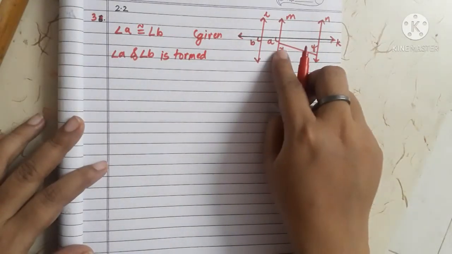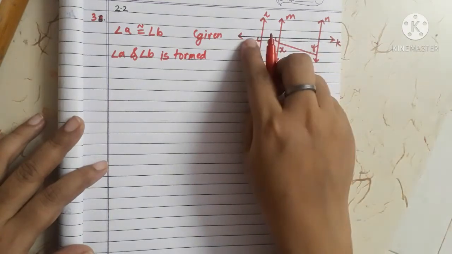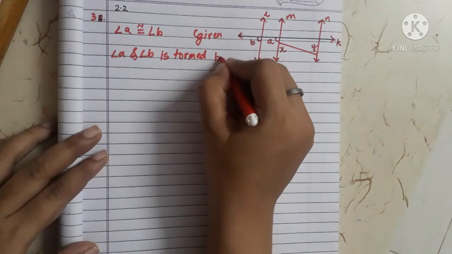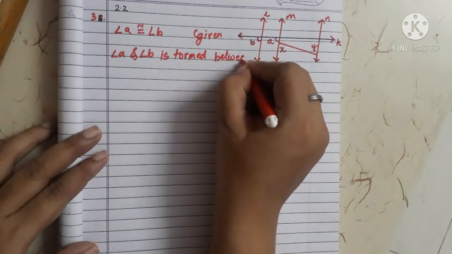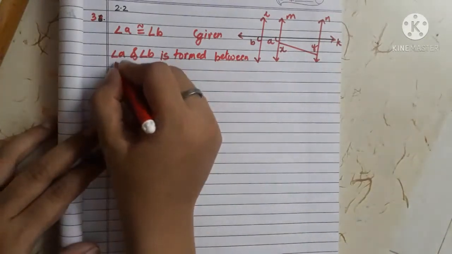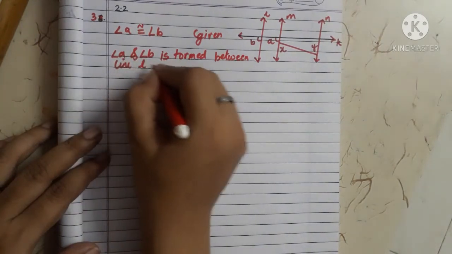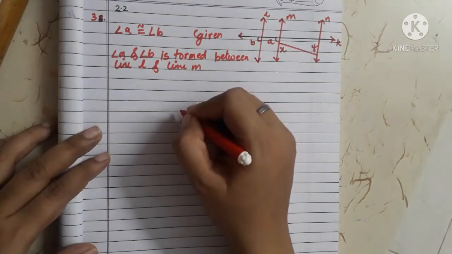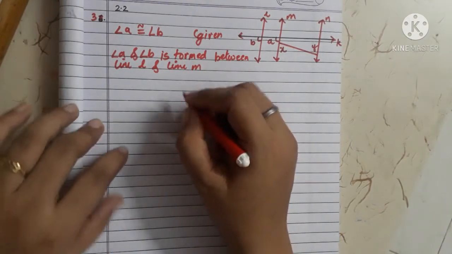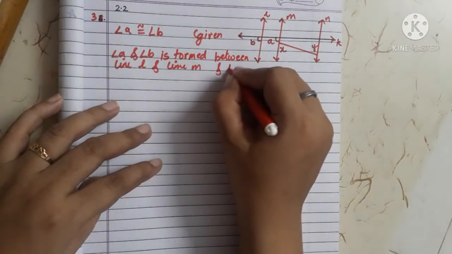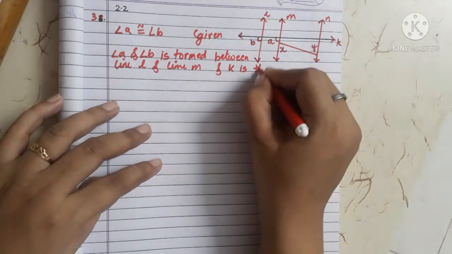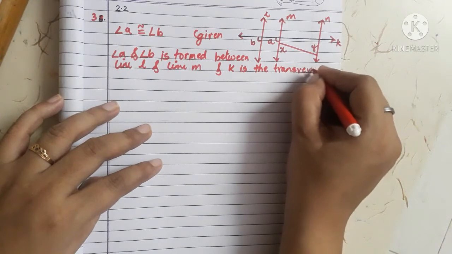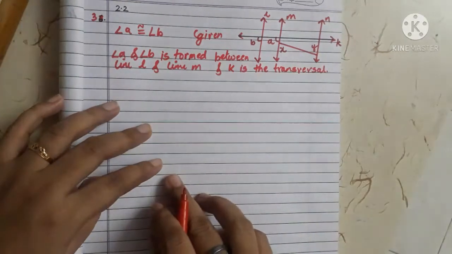Between the line L and M, and K is the transversal. A and B is formed between line L and line M, and K is the transversal.